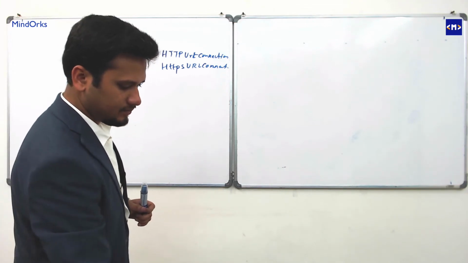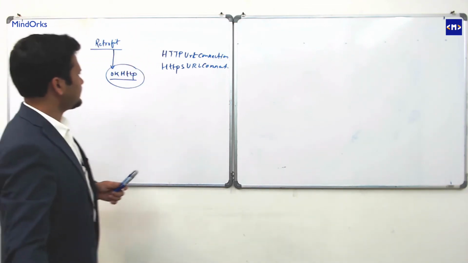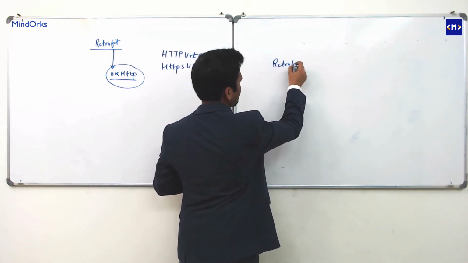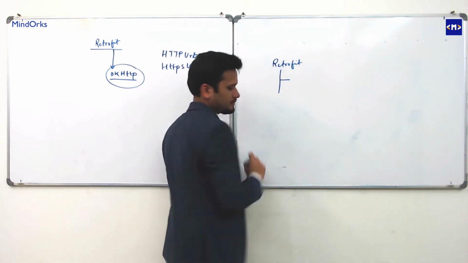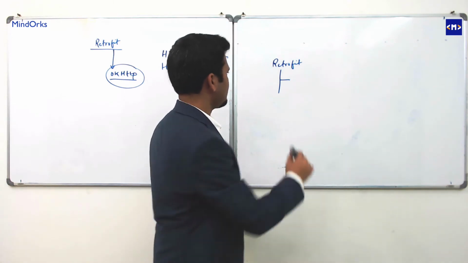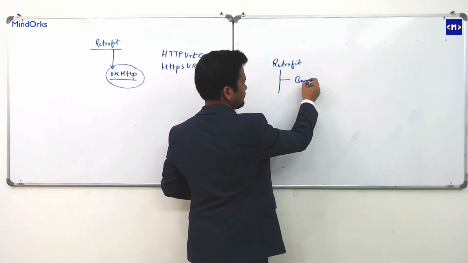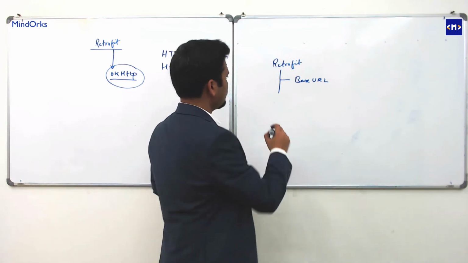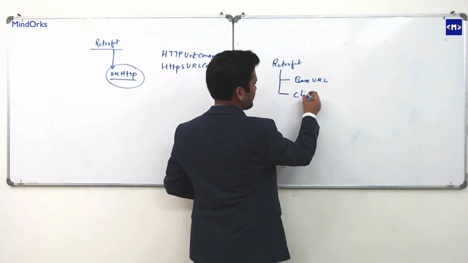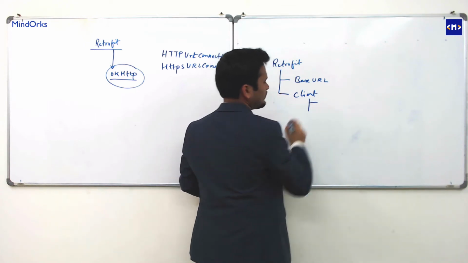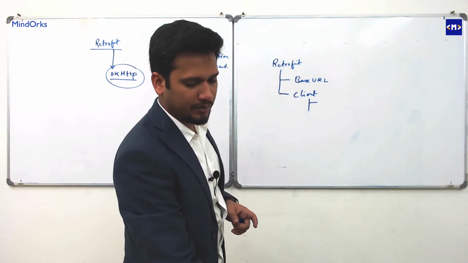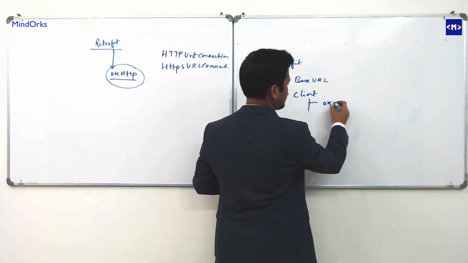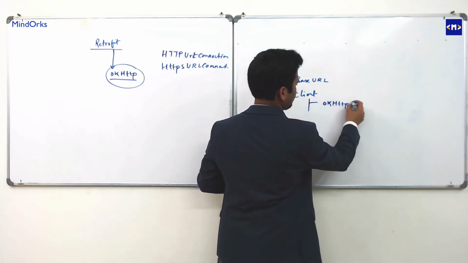In Retrofit, there is a base URL. We need to specify a base URL, then we need to specify a client. What client should it use? You have to provide your own instance of an OkHttp client.